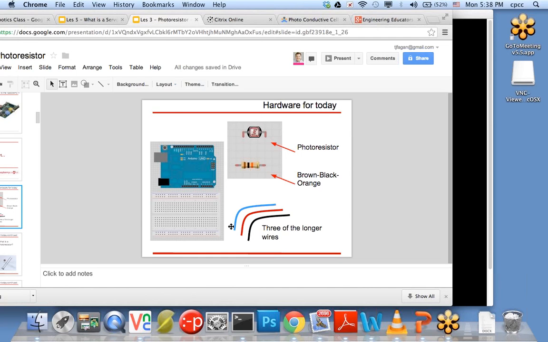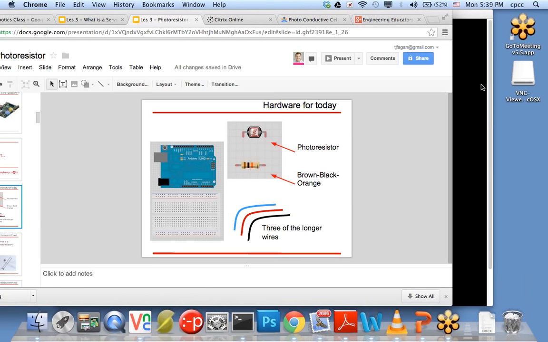When everybody has this, let me see a raise of hands. Right now I'm only seeing 1, 2. So I'm going to leave it on here. Now we have 3, 4, 5, 6, 7, 8.